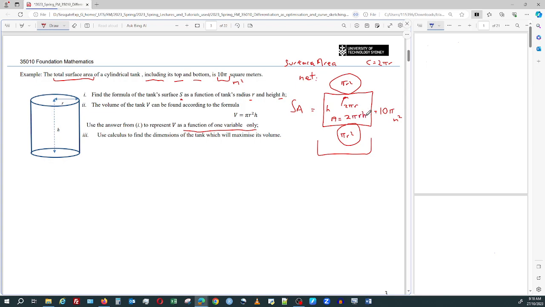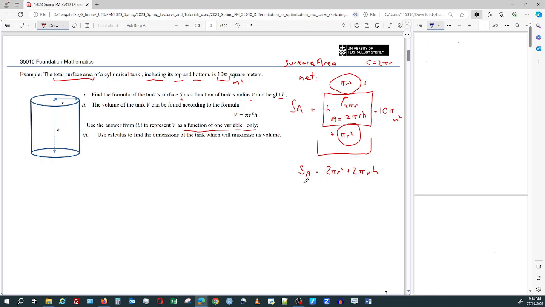Now we're not finished because we've got to add them together. So we've got to add that to that to that to get the total surface area. So the surface area will be 2 pi r squared, very much, 2 pi r squared, plus the thing in the middle, which is the rectangle, 2 pi r h.